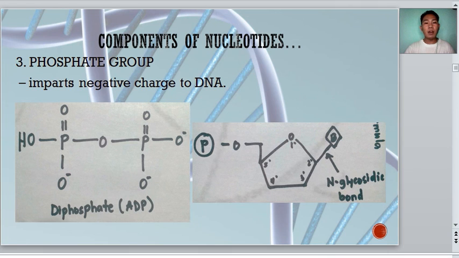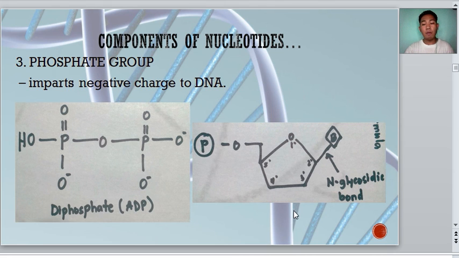Another component of a nucleotide is the phosphate group. The phosphate group usually imparts negative charge to the DNA. So this is the general structure of our nucleotide that is composed of a nitrogenous base, a sugar, and a phosphate group.